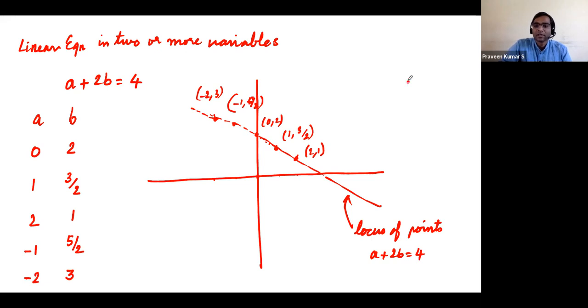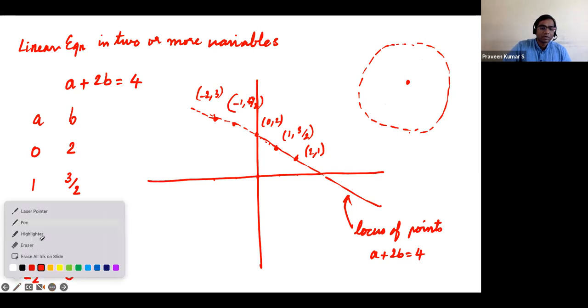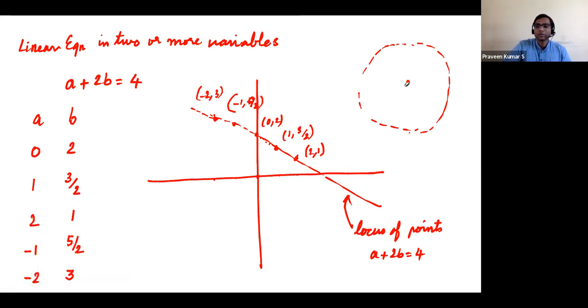So if I fix this as a center, the collection of all the points which are at the same distance from the center will form a circle. Though my drawing is bad, this concept of locus is something which is very useful for all of you to understand.